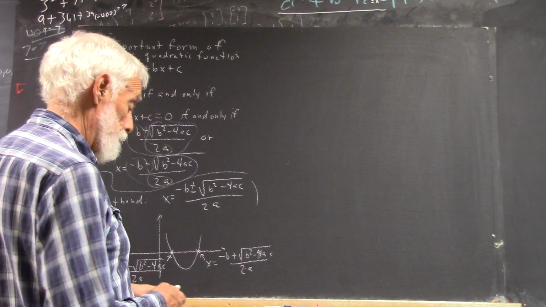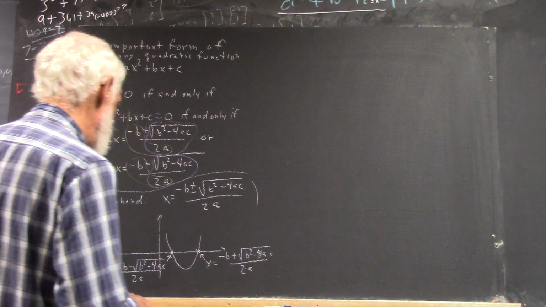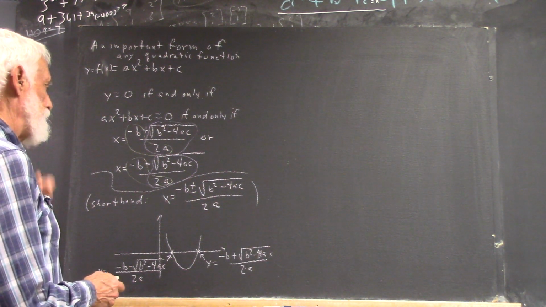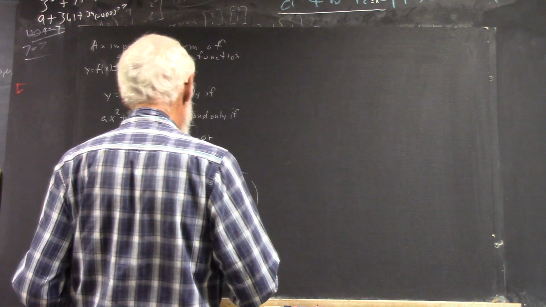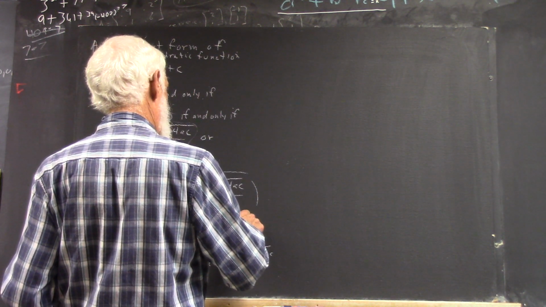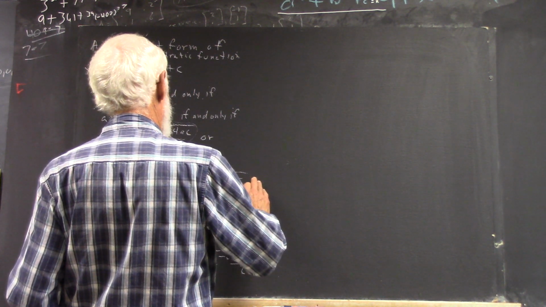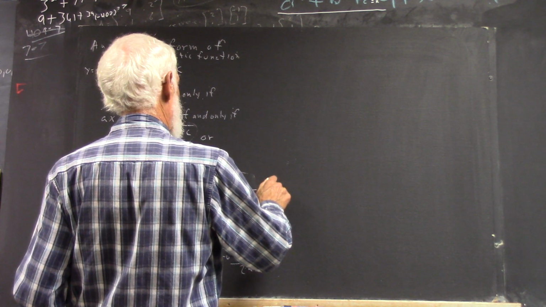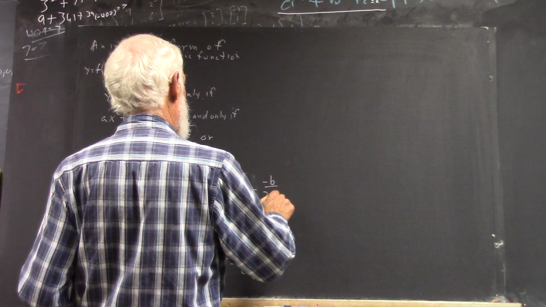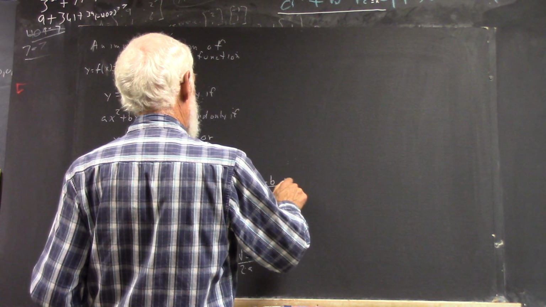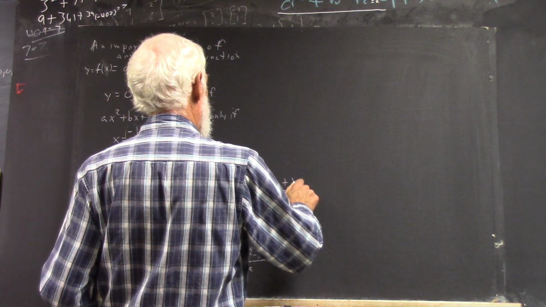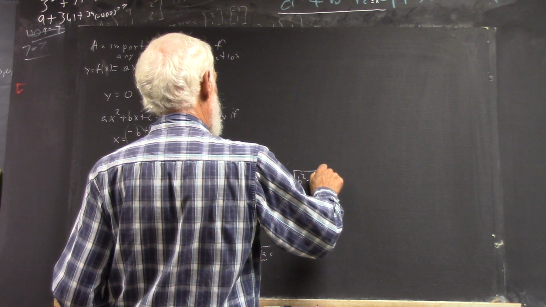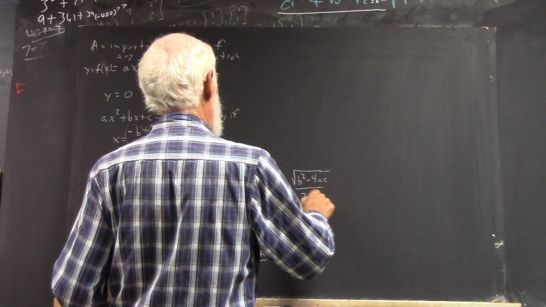Now, another thing is, I can write another way. To write this as negative b over 2a plus or minus the square root of b squared minus 4ac all divided by 2a.